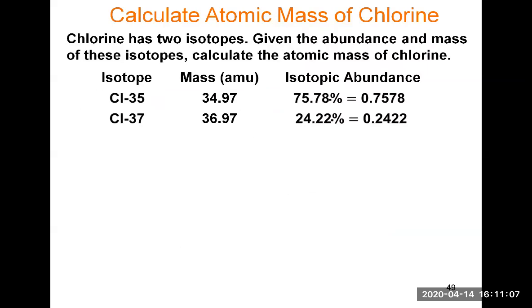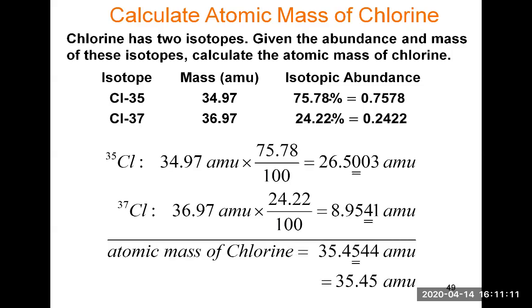So we will calculate the contribution of each isotope. You multiply the mass of the isotope chlorine 35, so 34.97 atomic mass units, times its percent abundance, which is 75.78, divided by 100, right? It's a percentage.